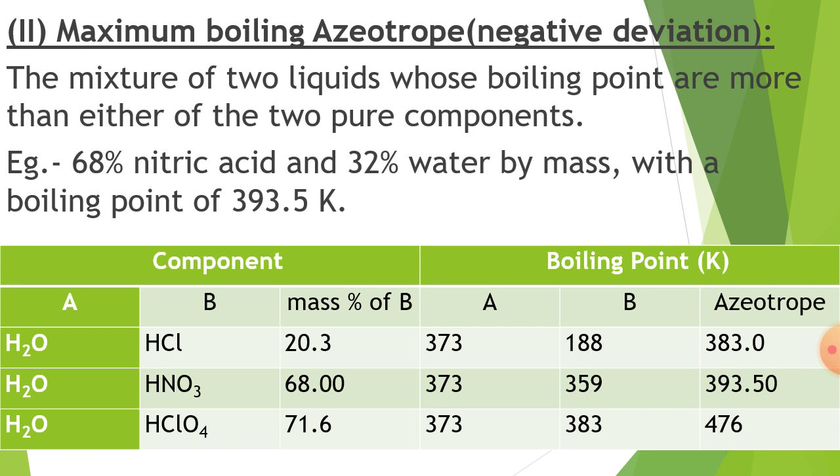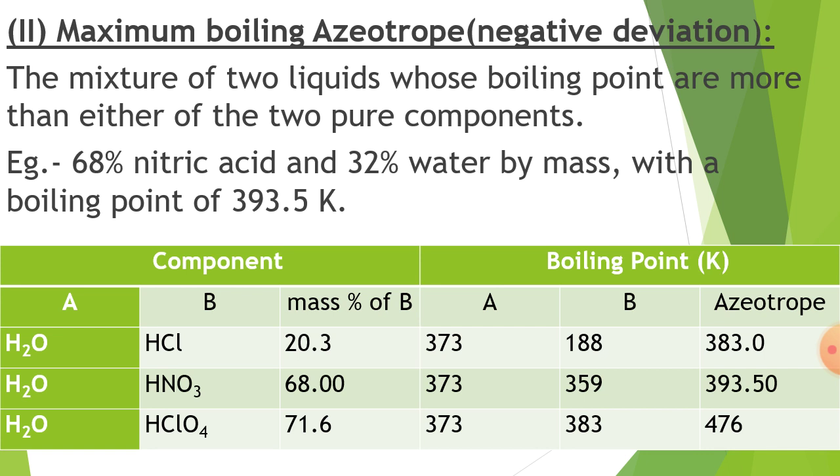Now, after combining, when they form azeotropes, the boiling point of the azeotrope is more than either of the two components, that is 383.0. Similarly, water and nitric acid in the concentration of 68% by mass of nitric acid have boiling points 393.5, which are also more than the boiling point of A and B.